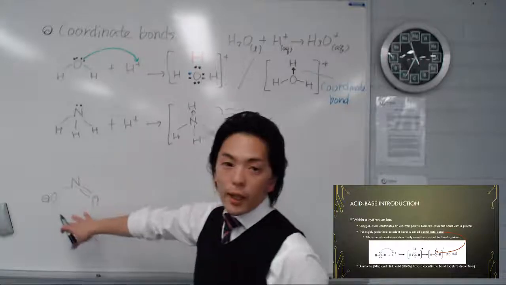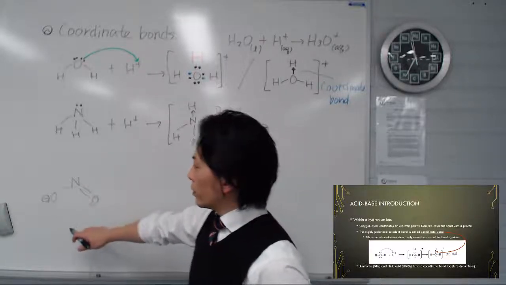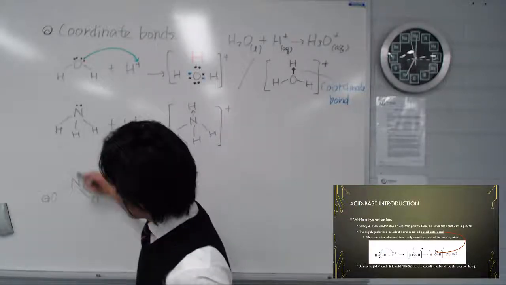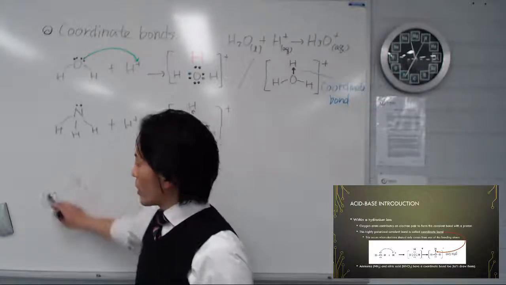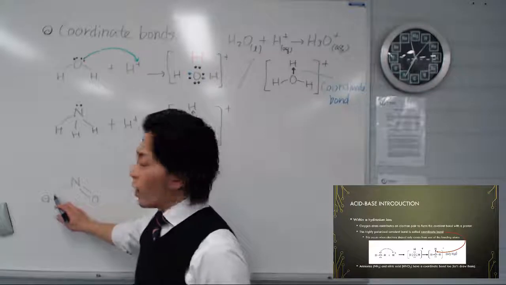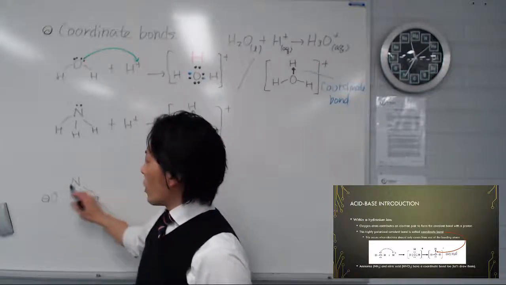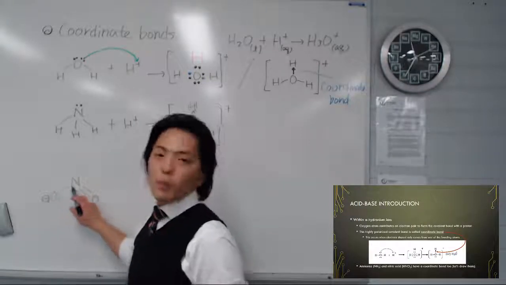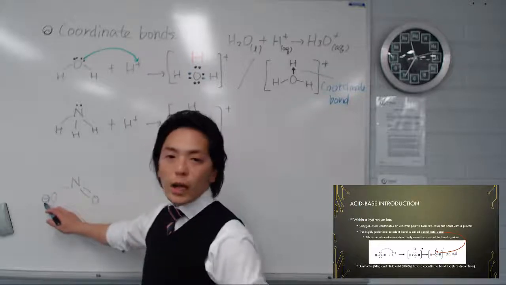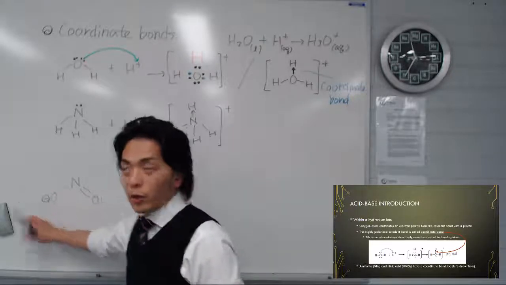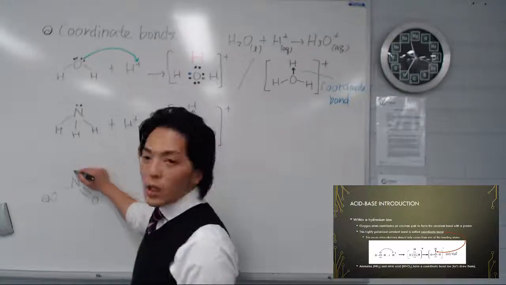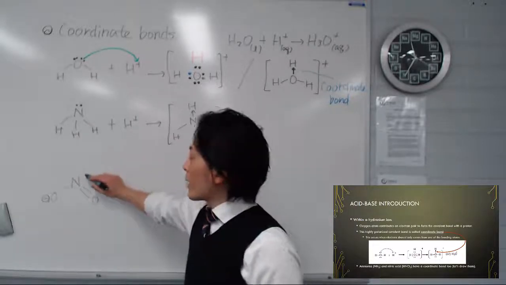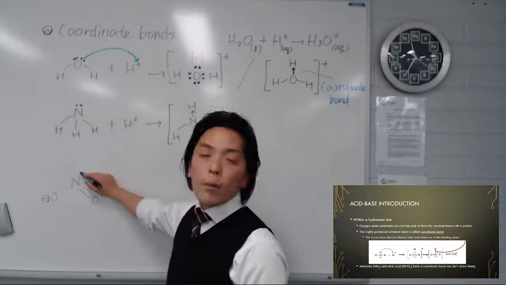Now, NO2 itself, well, nitrogen can make 3 bonds and oxygen can make 2 bonds. So this atom has got 1 bond and 1 electron to make a bond, and 1 electron here to be able to make another bond to something else. Usually you would see a double electron here, so a non-bonding electron pair.